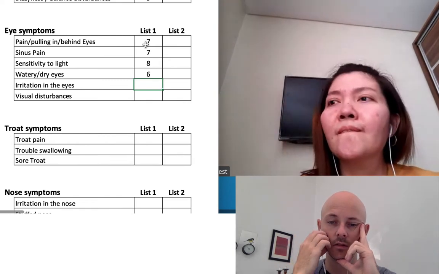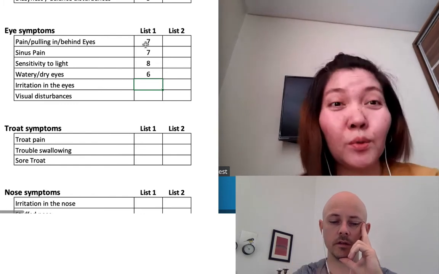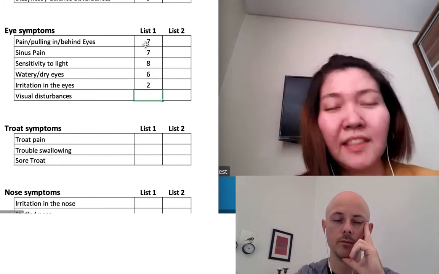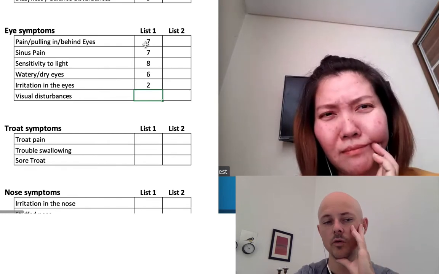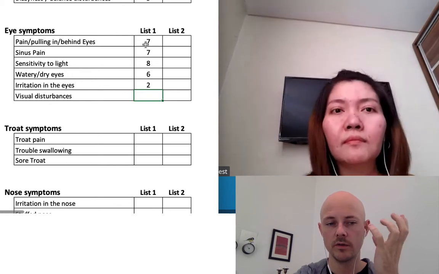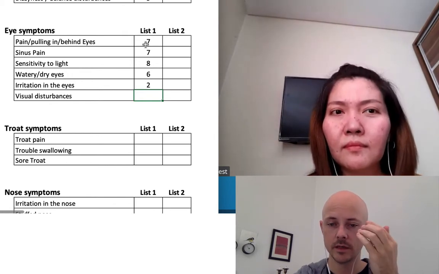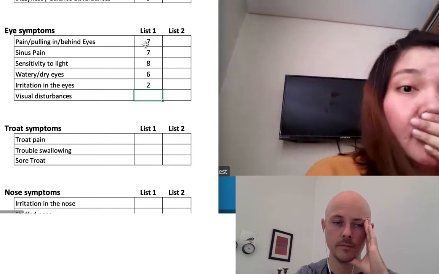Any kind of irritation in the eyes. 2. Yes. It's different from watery eyes. Yes. Watery eyes is specifically if they feel very dry, or if they keep tearing, if tears come out. Okay. So 2.